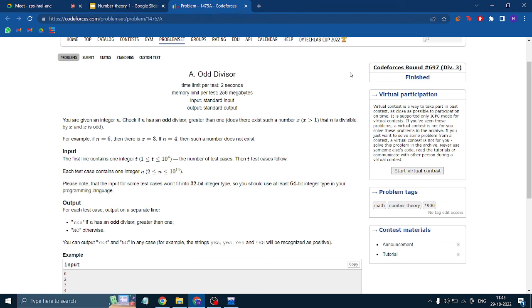Because 2 is the only prime even number, so if the vector has any number other than 2, it will be odd. So if the number n is not a power of 2, it will always have an odd divisor. Any doubt in this?